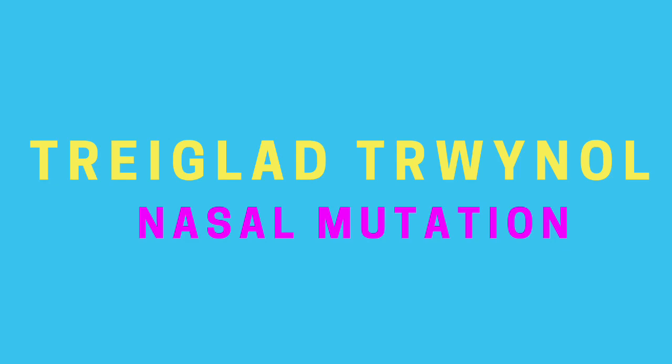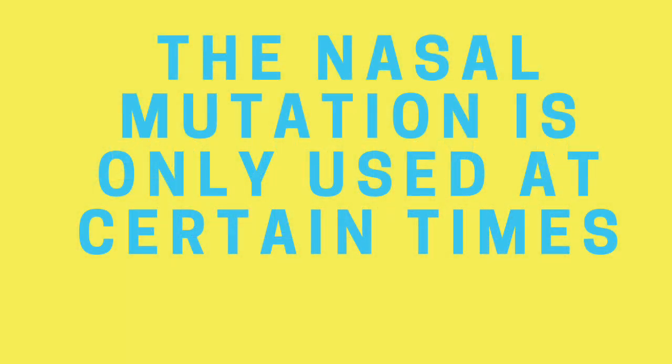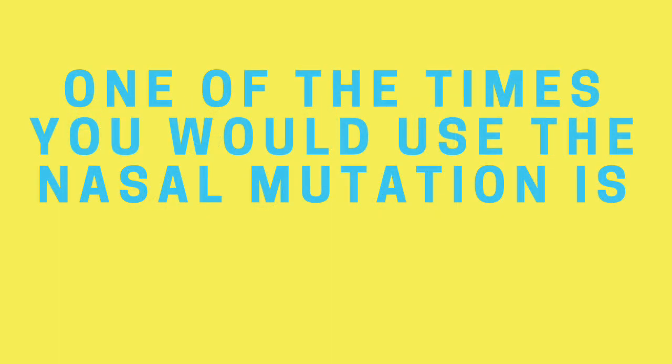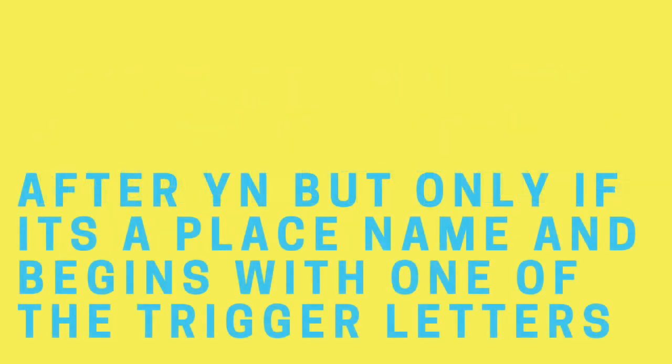In this lesson and the next, we are going to focus on the nasal mutation. They are only used at specific times, and even then they only affect words beginning with the letters B, C, D, G, L, M, P, R, H, or T. Now, one of the times when you would use a nasal mutation is after the word un if it's a place name.